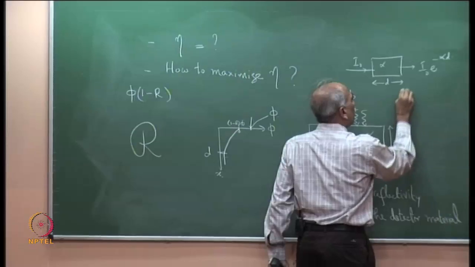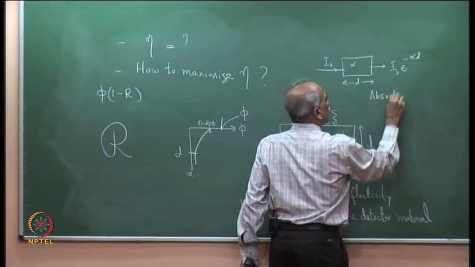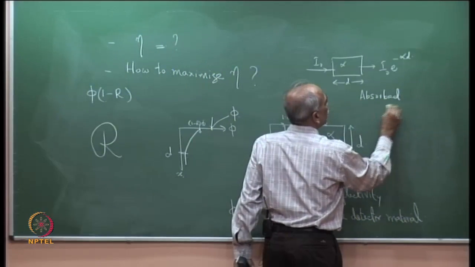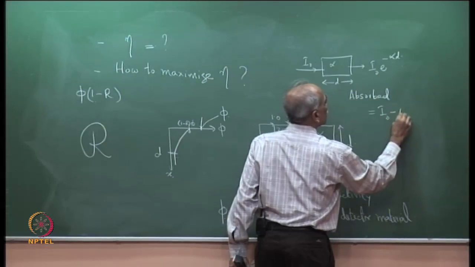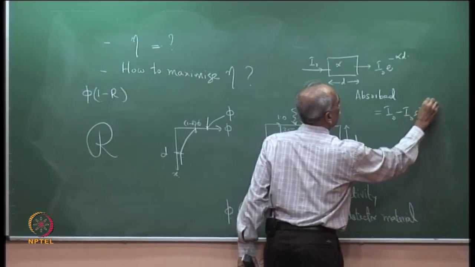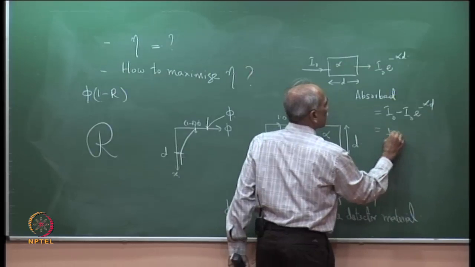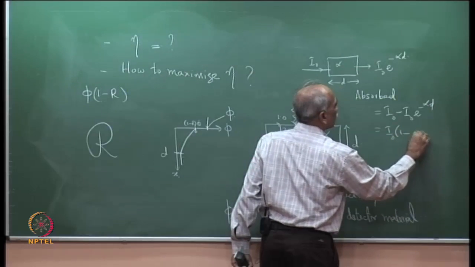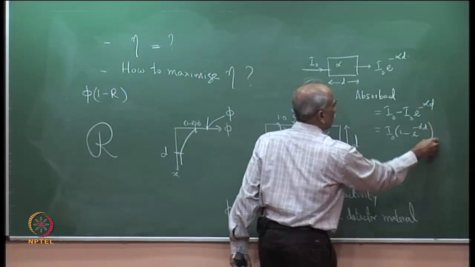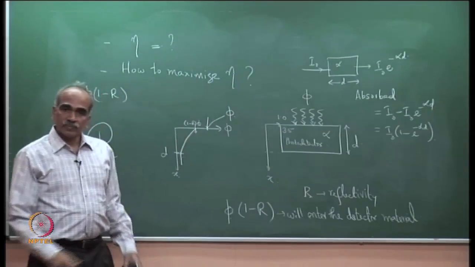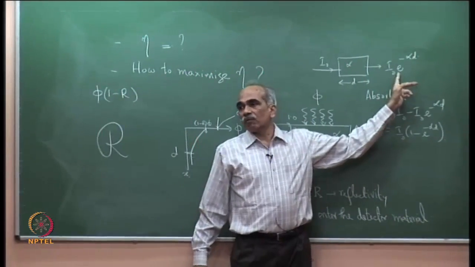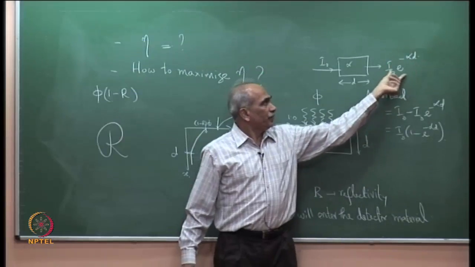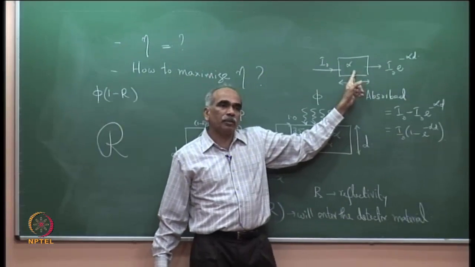So, what is absorbed? Absorbed energy is equal to I0 minus I0 e to the power minus alpha d, which is equal to I0 into 1 minus e to the power minus alpha d. If I0 enters, I0 into e to the power minus alpha d comes out, which means the difference between these is absorbed in the medium.